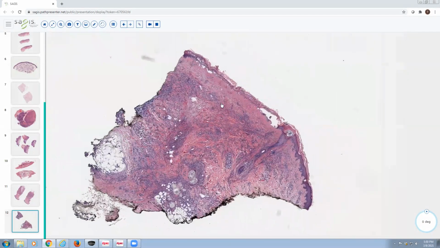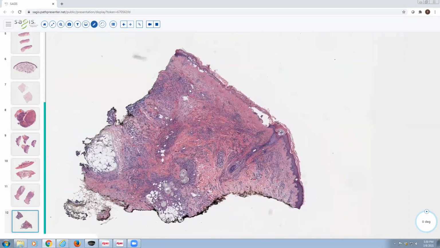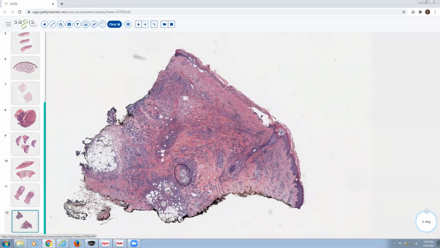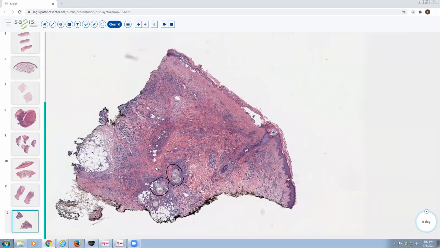And what I see on scanning magnification is just a super dense inflammatory infiltrate in the dermis. I also see that there's some epidermal detachment and necrosis. And then my eye catches these pale structures here, which look to be acellular pale nodules situated deep.